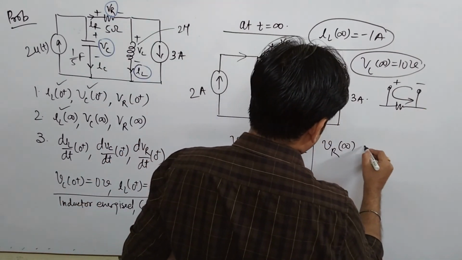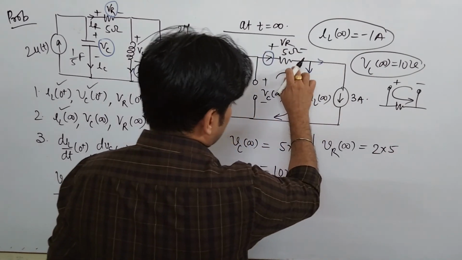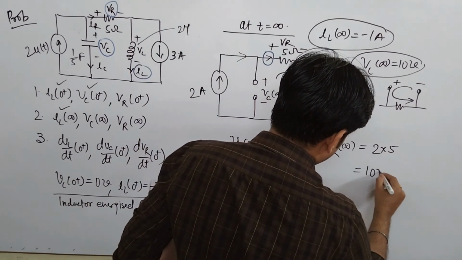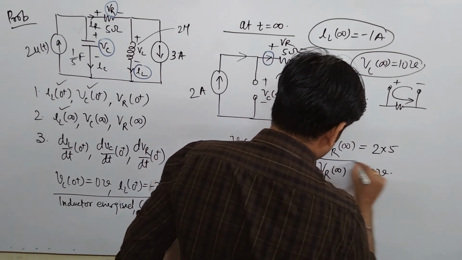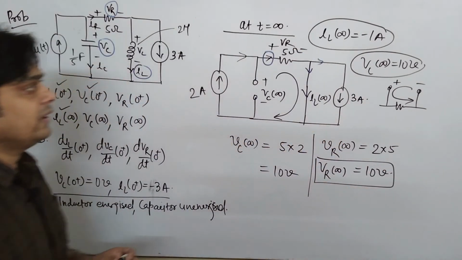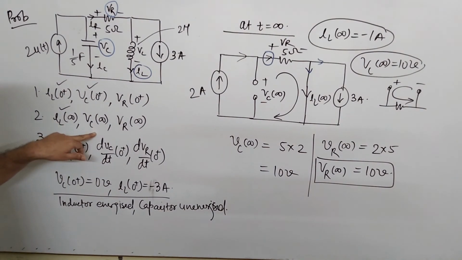VR(infinite) is equal to 2 into the value of resistance, so that comes to be 10 volt. So in this way we have found the value of IL(infinite) as minus 1 ampere, Vc(infinite) as 10 volt, and VR(infinite) also as 10 volt.